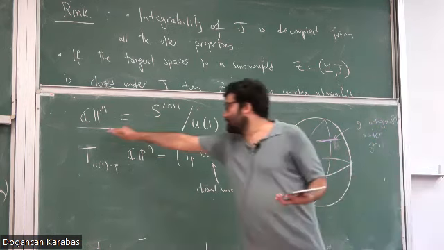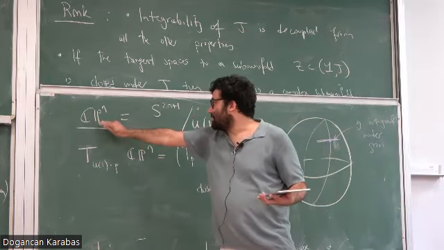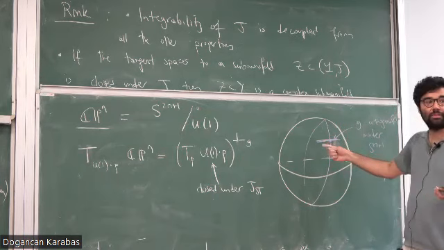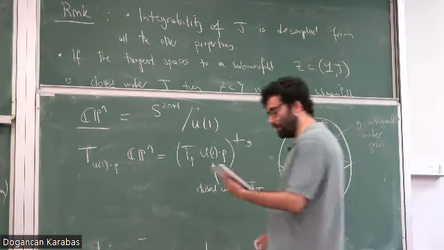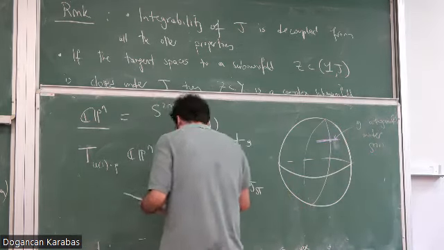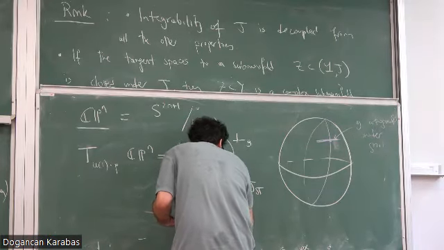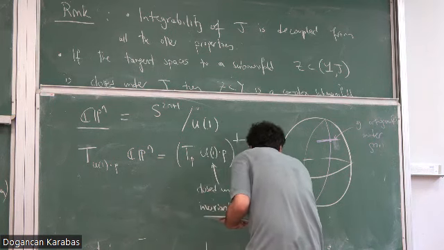So the J that I'm going to get from the standard structure of CP^N is induced from this J, from these slices. Okay, and it's also invariant under the U1 action.